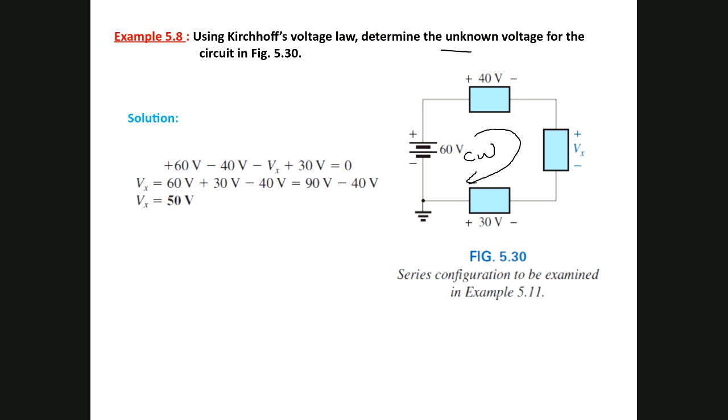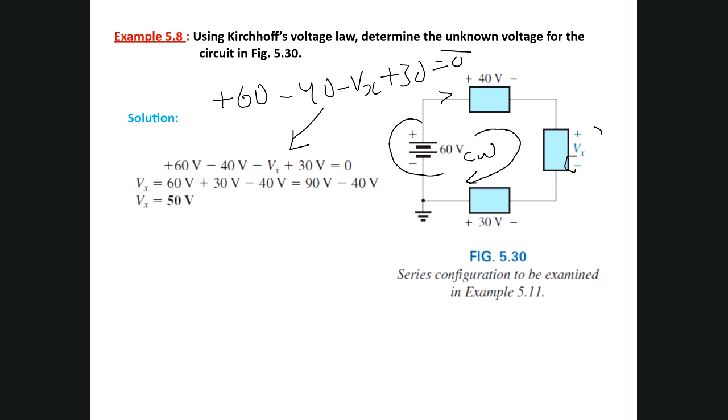Then let me start from the source, which is plus 60, then minus 40, minus Vx, then plus 30, back again to the same point, equal to 0, which is your equation here. Then you can find this unknown by adding them together, then take this one to the other side, and you will find the answer for the unknown.